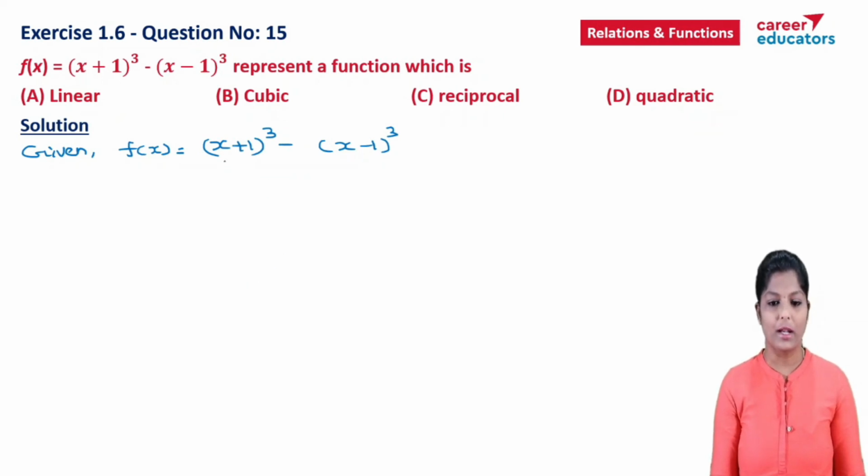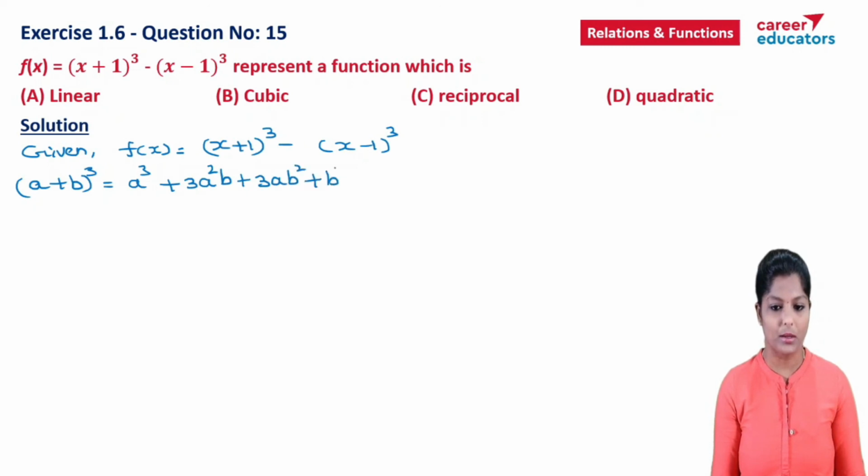To expand (x plus 1) whole cube, we have to use the formula (a plus b) whole cube equal to a cube plus 3a square b plus 3ab square plus b cube.